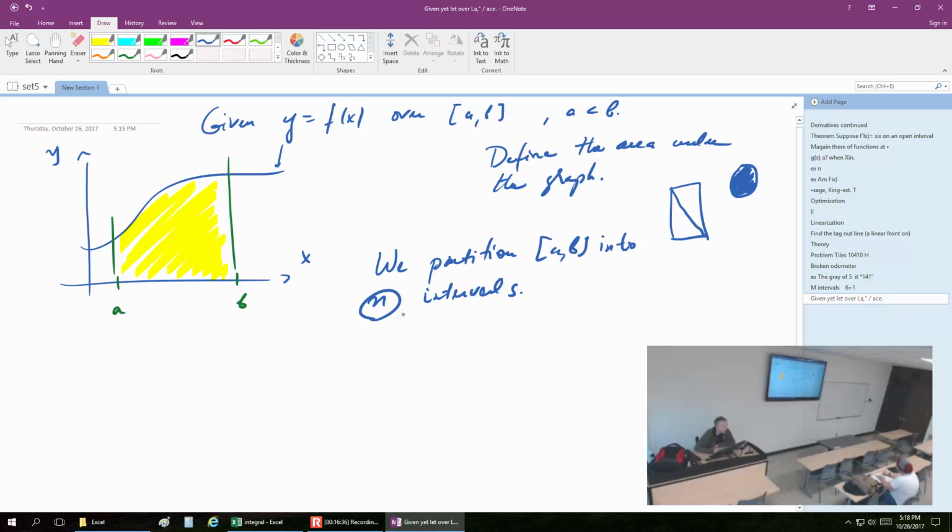Remember, major parameter: how many intervals we've got, and that number will be taken to infinity. The intervals generally do not have to be equal, but they could be. So the length is delta x equals (b minus a) over n.